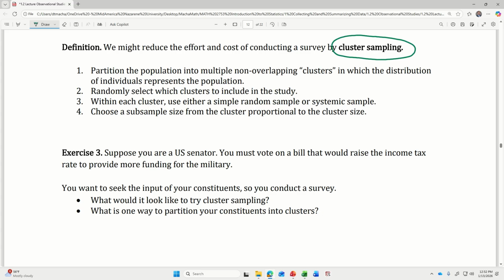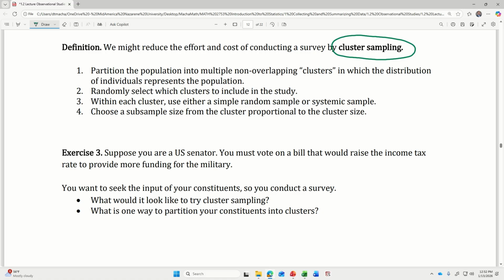Then step 2, we are going to randomly select which clusters to include in the study. And notice that's different. In a stratified sample, we sample from each and every stratum. But in a clustered sample, we don't. We only sample some of the clusters and not others.